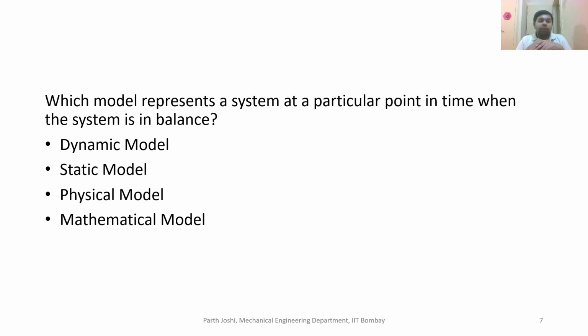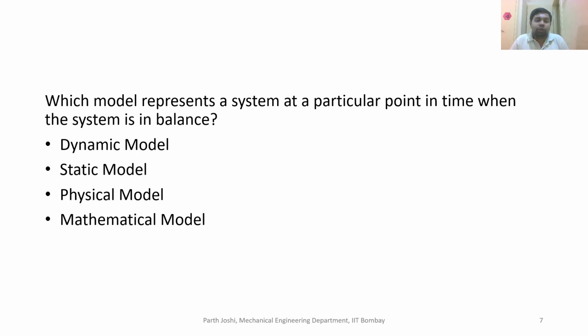The next question is: which model represents a system at a particular point in time when the system is in balance? Any idea? I think dynamic model only. It's actually a static model. Why?